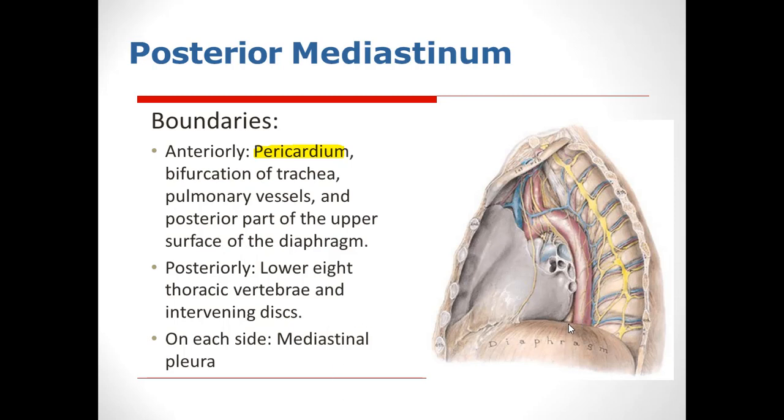There is a very minor portion of the diaphragm which forms the posterior boundary. So that is the anterior boundary of the posterior mediastinum. Posterior boundary will be formed by the lower 8 vertebrae, T5 to T12. Then on each side we will have again the mediastinal pleura.